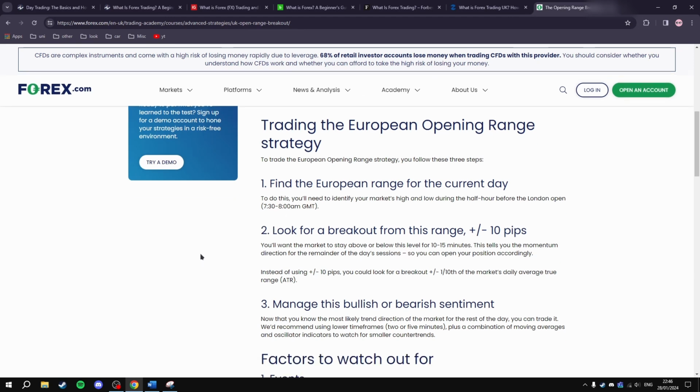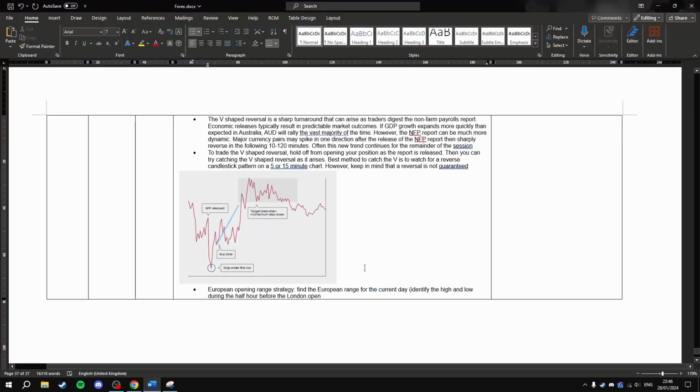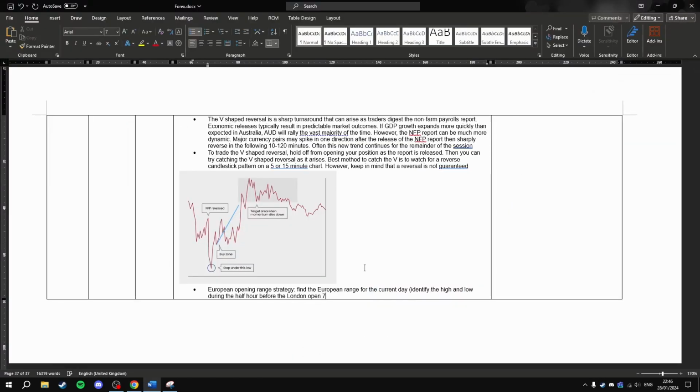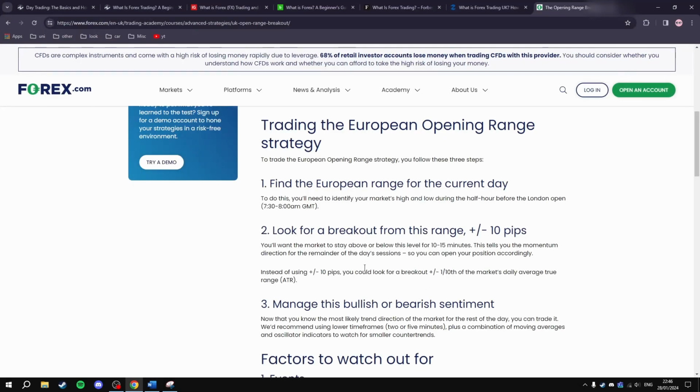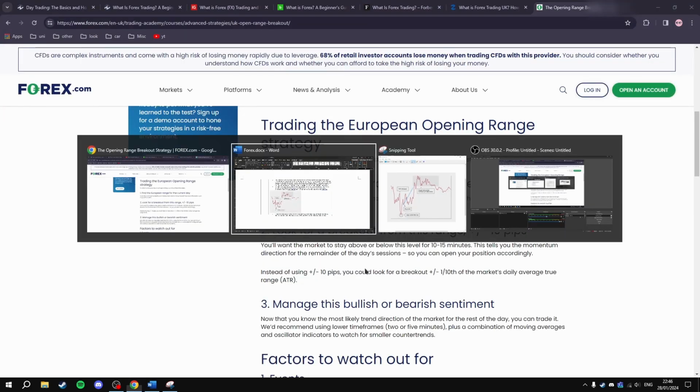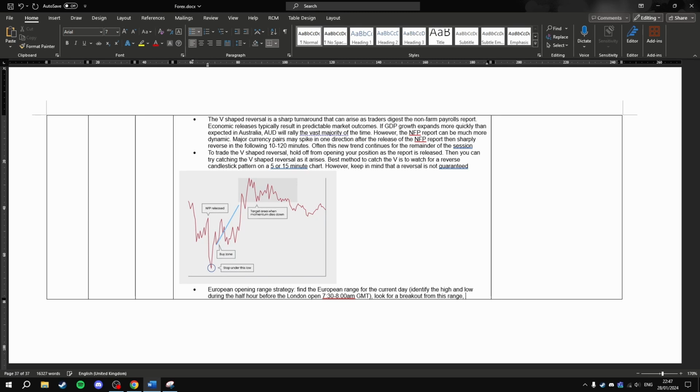Look for a breakout from this range, plus or minus 10 pips.